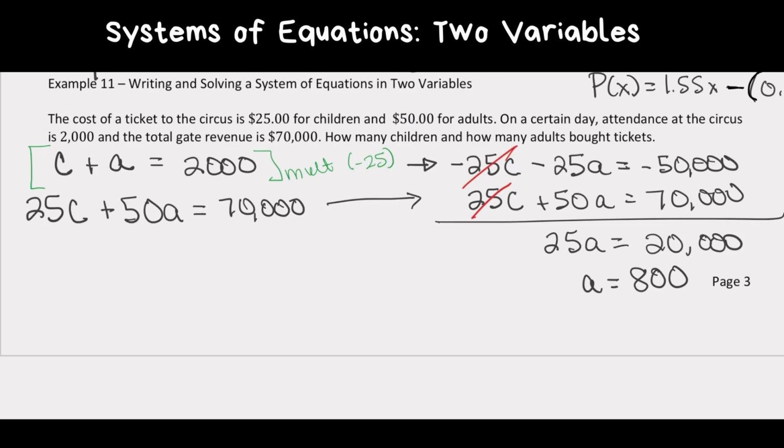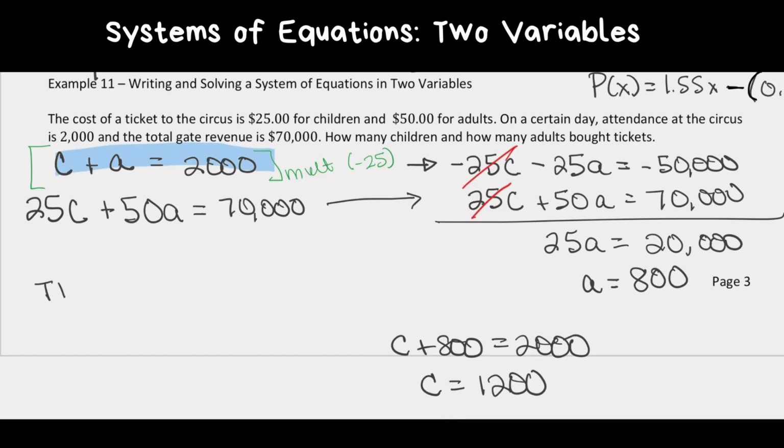Well, I'm going to come back up here. I'm going to take this equation. There were 2,000 tickets sold. So children plus 800 is equal to 2,000 tickets. Subtract 800. We get 1,200. What does this mean? This means tickets sold for children, 1,200.